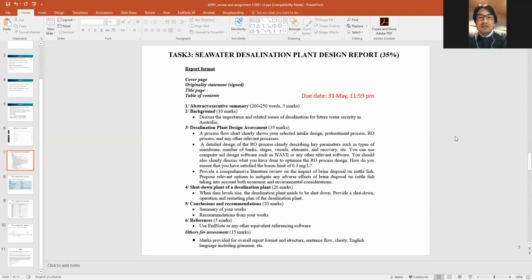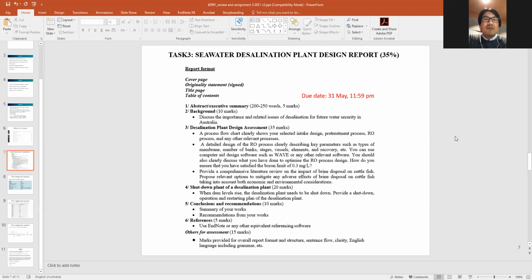I've actually done some research online the other day, especially on the shutdown and the shutdown plan. Because it weighs quite a lot of marks, actually 20 marks, and to be honest, I could not find much information when I did the online research. So I checked the Sydney Water website, and I think they have their own separate website for desalination plants.